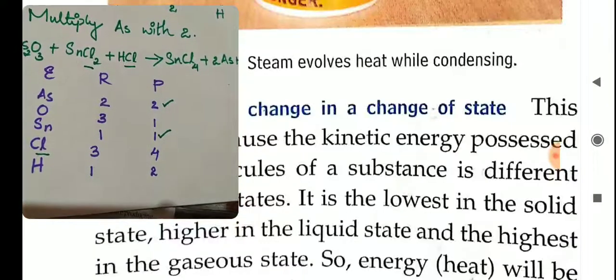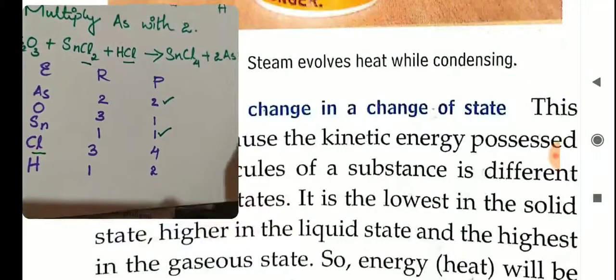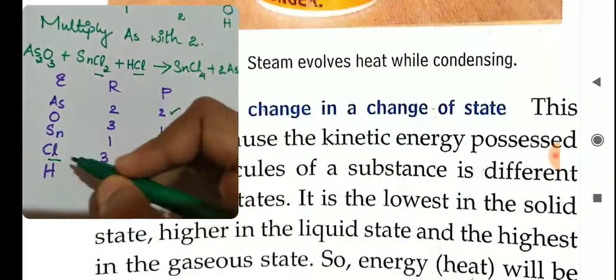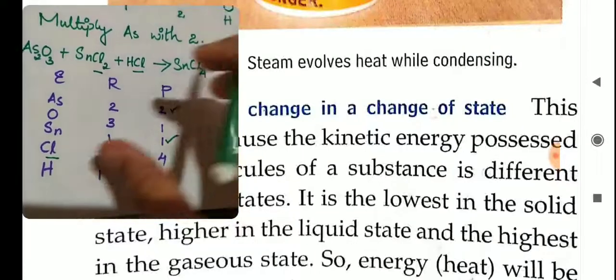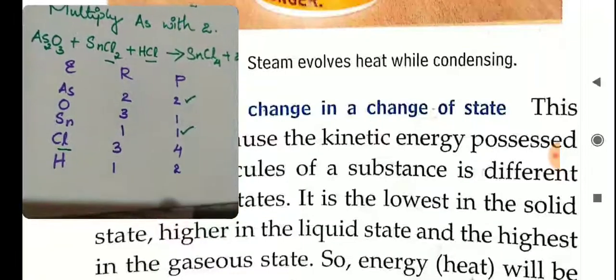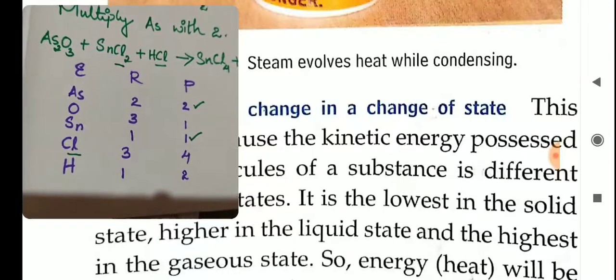We will balance the remaining atoms, and at last we will balance our chlorine. So we are leaving chlorine here, and we will balance oxygen and hydrogen, and at last we will come to chlorine. Automatically chlorine will get balanced.